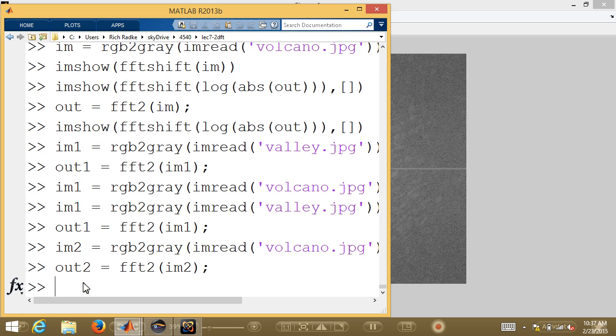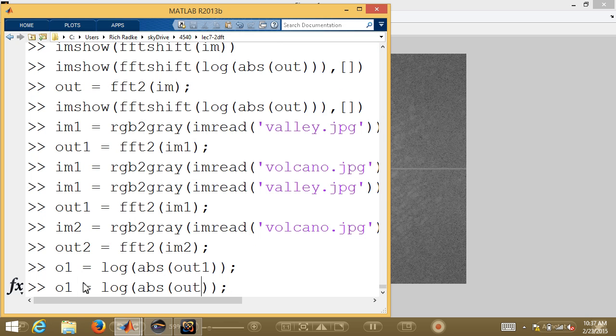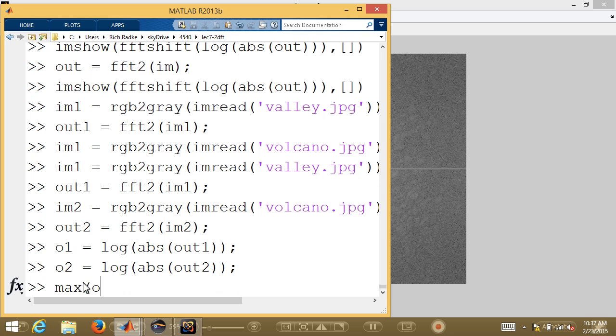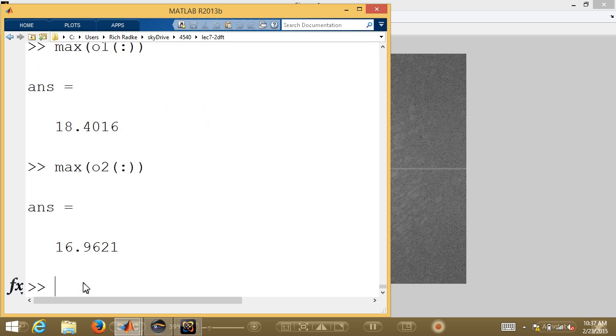Let's make a couple of quick substitutions. Let's say this is going to be the log of the absolute value of out 1, and this guy too. And let's look at the max of these.